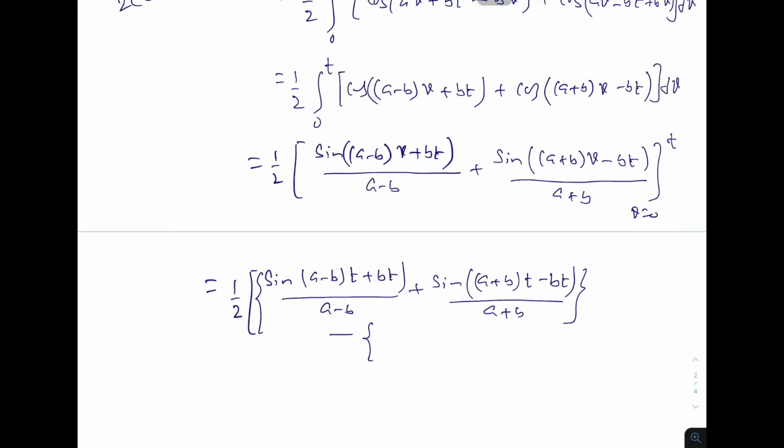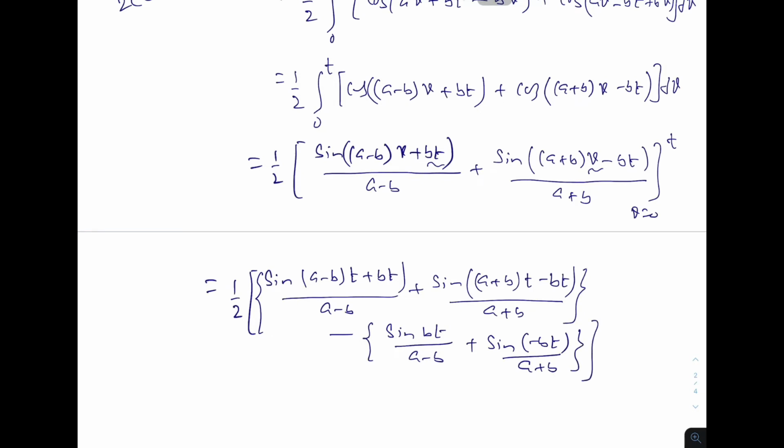then minus lower limit. v is 0, so we need to put v equal to 0. So sine of, now v is 0, so here we have only bt, divided by a minus b, plus sine of, now v is 0, so we have minus bt, divided by a plus b.